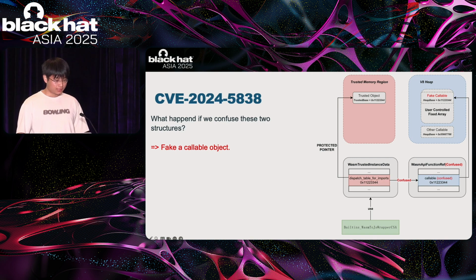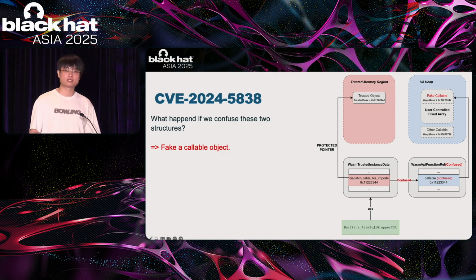This scenario leads to fascinating consequences. What happens if a Wasm trusted instance data object is misinterpreted as Wasm API function ref?